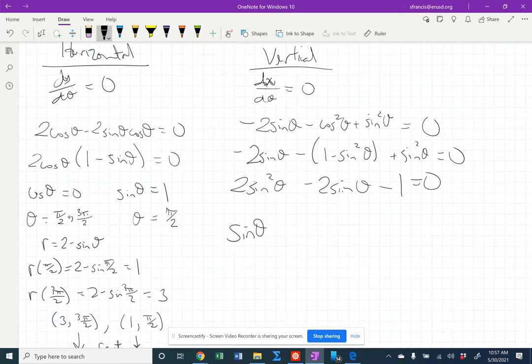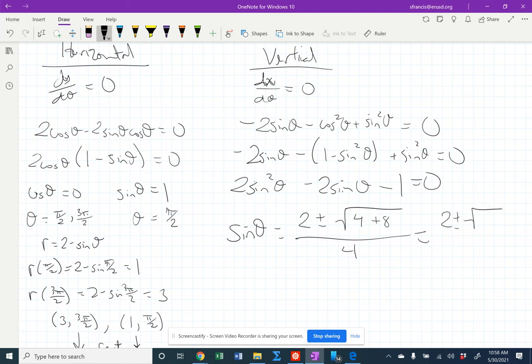So here we're going to have sine of theta is equal to, I'm going to do the quadratic formula. So 2 plus or minus the square root of b squared, so 4, minus 4ac, which is negative 8, so plus 8, all divided by 4.